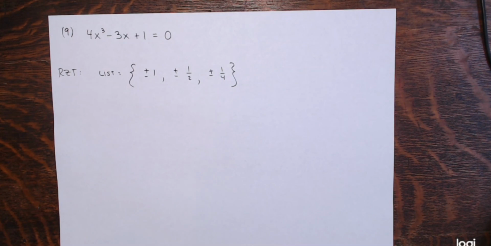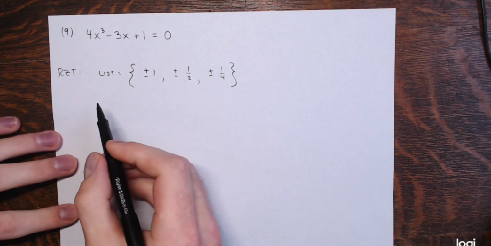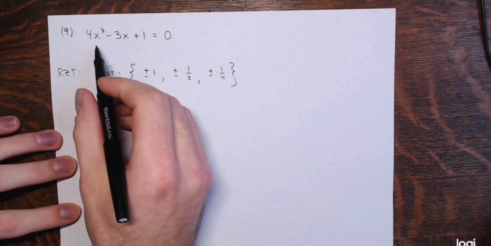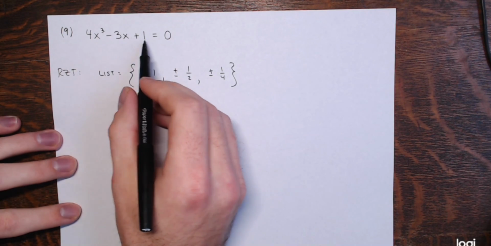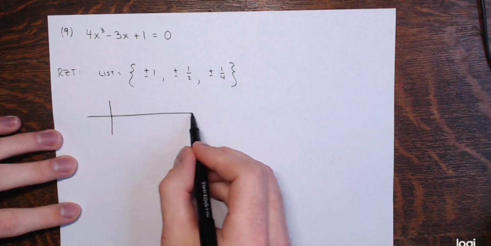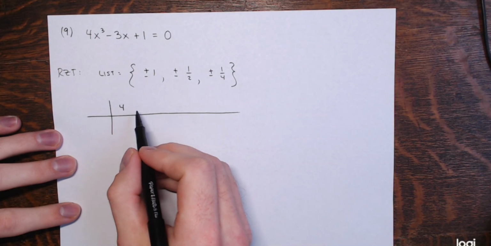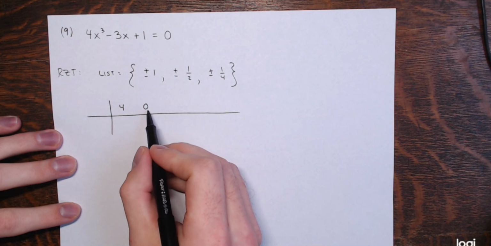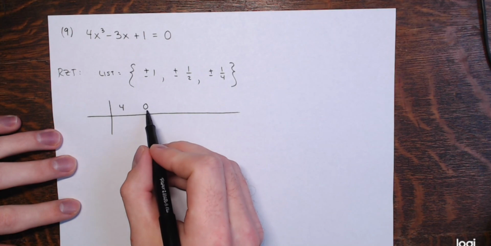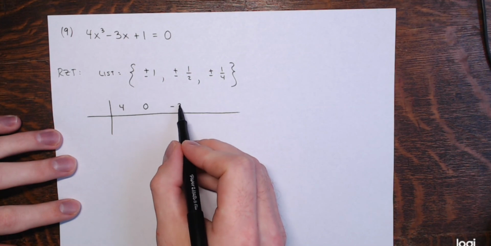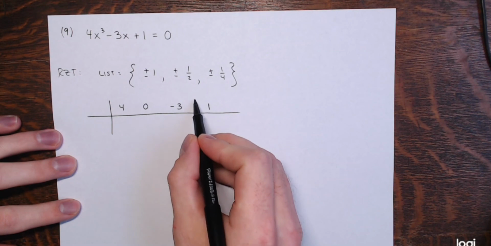Now I can already tell that -1 is going to work. This would be -4 plus 3, be -1 plus 1 is 0. So I'm just going to punch that in right now. We have 4x cubed. Now, we haven't seen one of these yet, but don't forget to put zeros for the coefficient of missing powers as you descend. 4x cubed, 0x squared, then -3x to the first, and then your constant's +1.